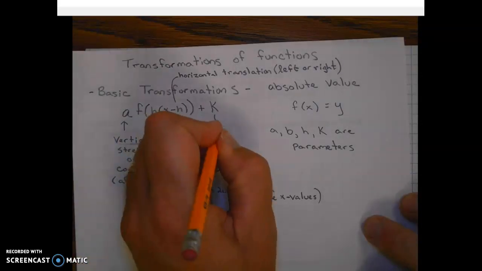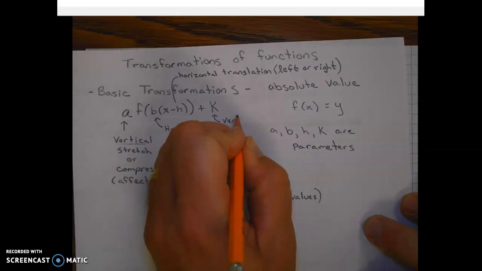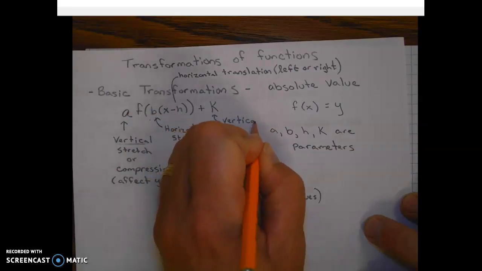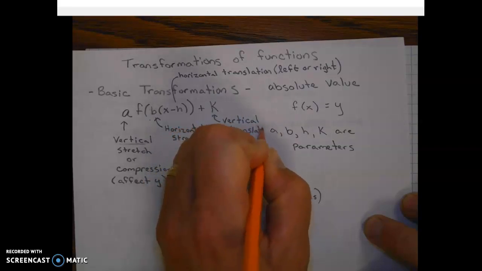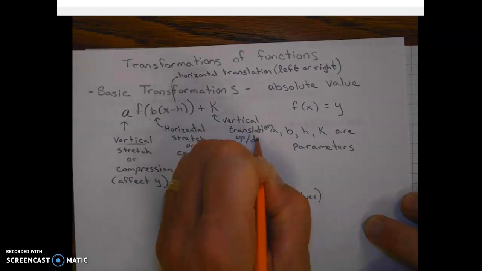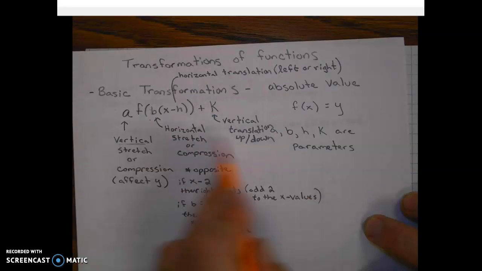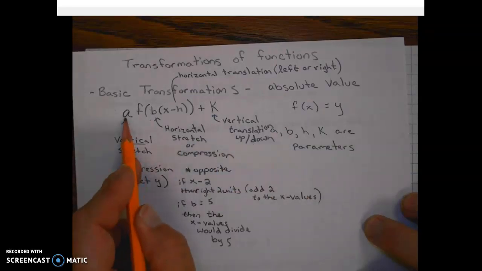Okay, the k value is going to be a vertical translation, up or down. Now vertical is not opposite. If this was a 2, we would multiply the y values times 2.